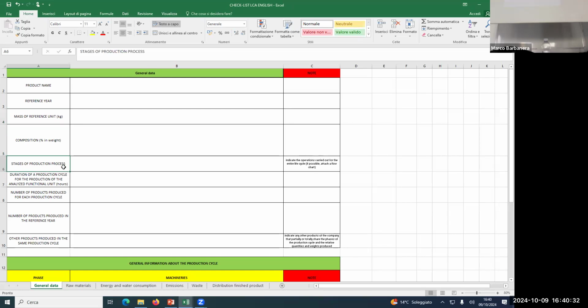It's important to know the stages of the production process in order to define the system boundaries of our life cycle, in order to define the list of unit processes of our life cycle.